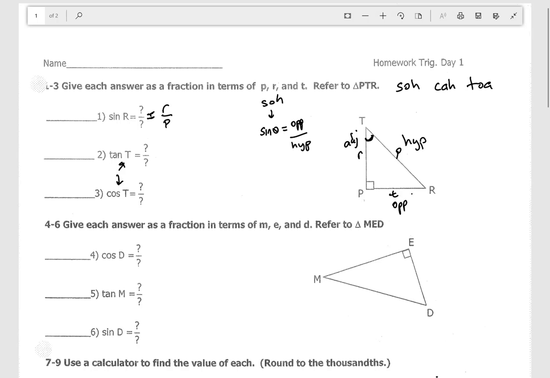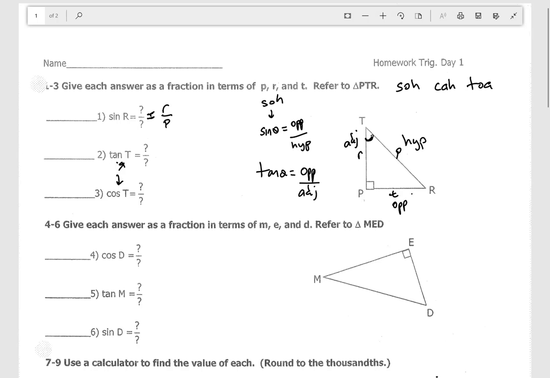Again, how do I know what order to put these in? What sides am I going to use? SOHCAHTOA is how we remember that. Tangent, the TOA, tangent of an angle is opposite over adjacent. The O stands for opposite, A for adjacent.